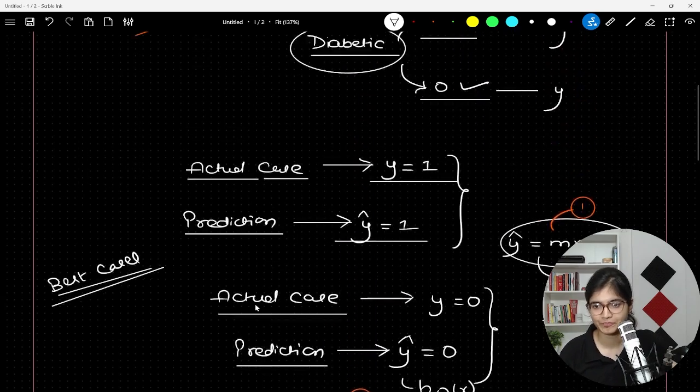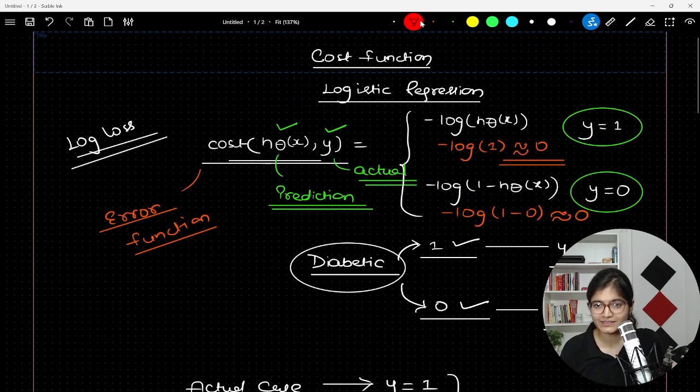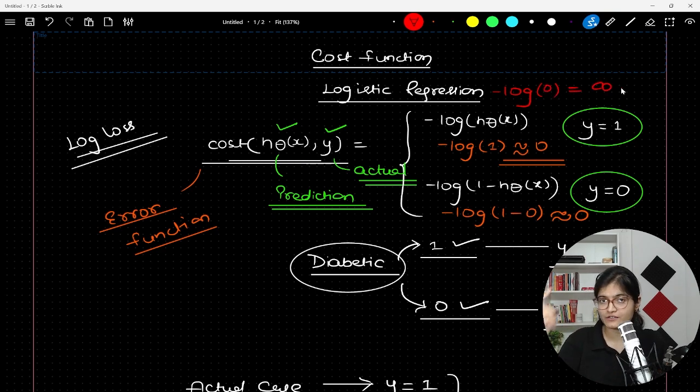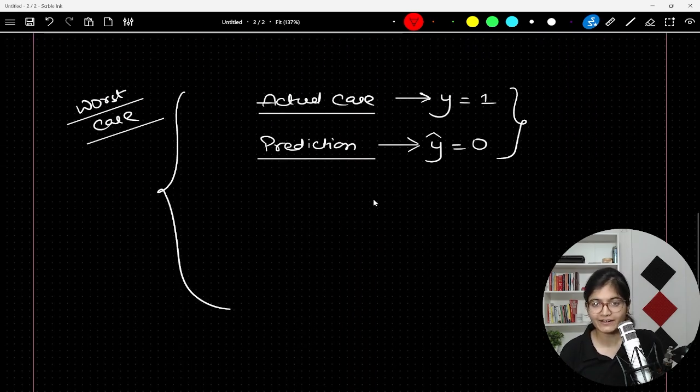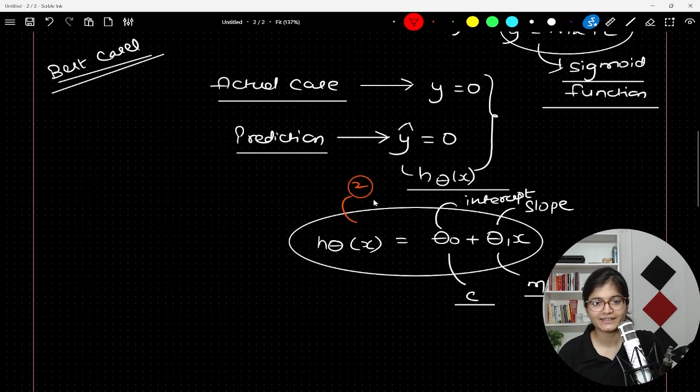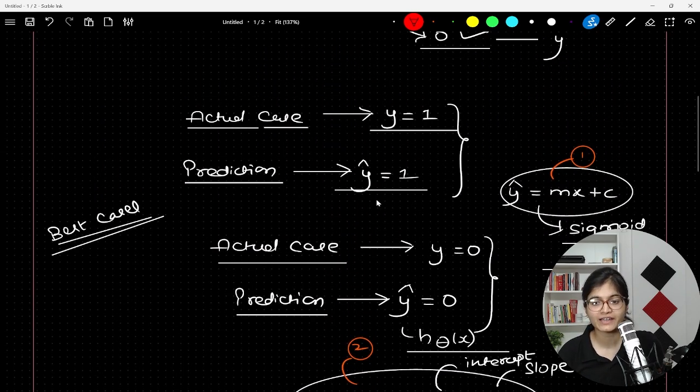Now see what will happen. If you try to understand this point, just see negative of log of your prediction, which says the value is 0. It's not equal to the actual value. And log of 0 is now infinite. So it is approaching infinity, meaning your error value, your error rate, is approaching infinity.